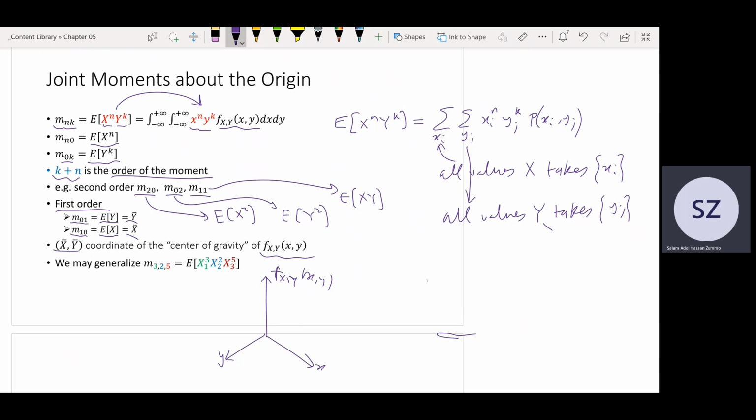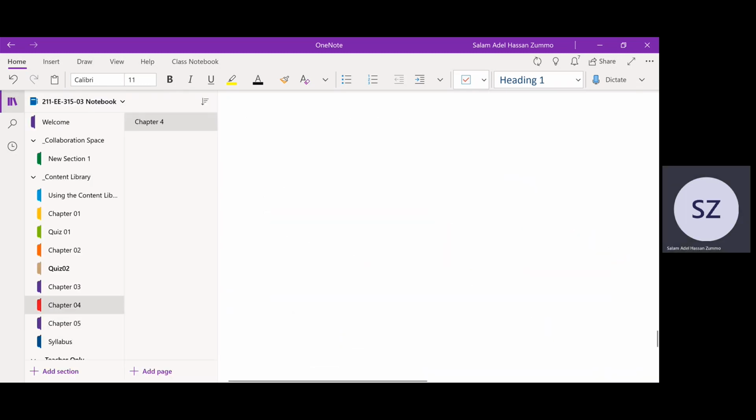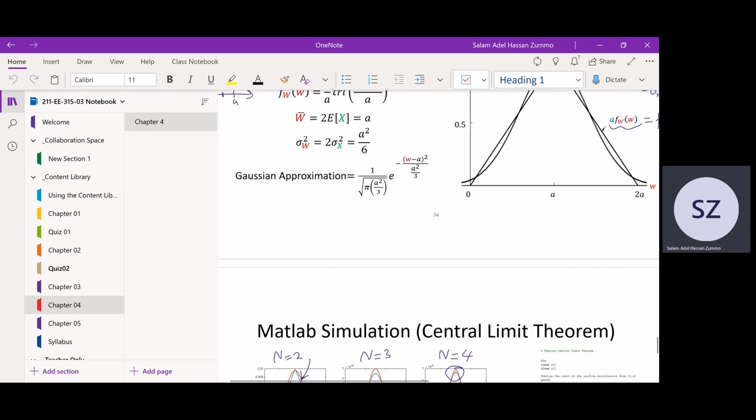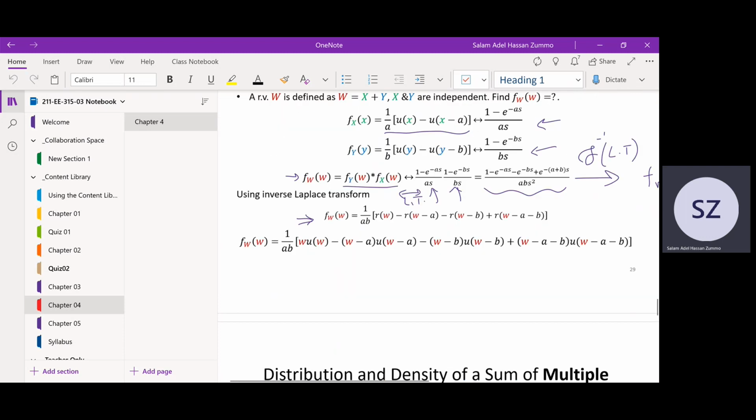Then in this case, x bar, y bar will be like the center of gravity of this surface. Let's go back to one of the slides in chapter 4 to make it easier to visualize the idea of the joint PDF surface.